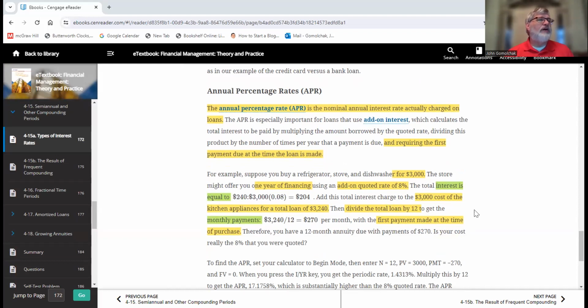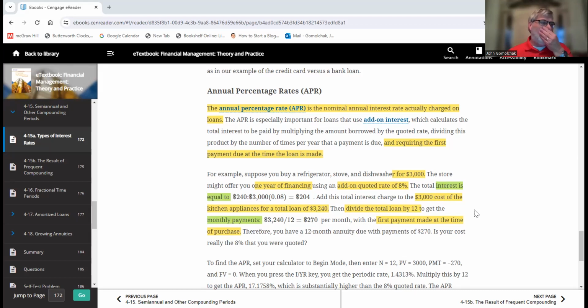The APR is especially important for loans that use add-on interest, which calculates the total interest to be paid by multiplying the amount borrowed by the quoted rate, dividing this product by the number of times per year that a payment is due, and requiring the first payment due at the time the loan is made.